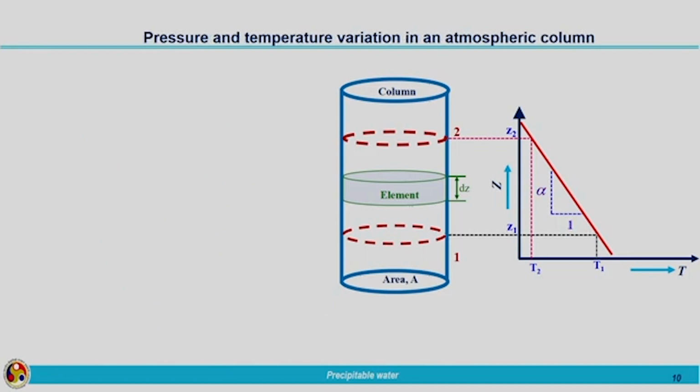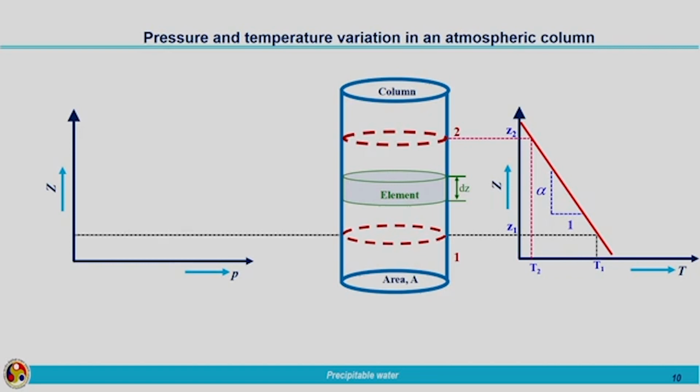Now, we can plot the variability of pressure as the altitude increases. In the same way, we have the pressure along the x axis and altitude along the y axis. Corresponding to section 1, we have Z1 and a pressure P1.